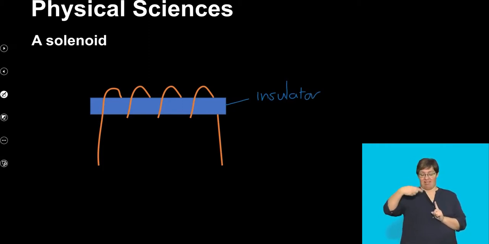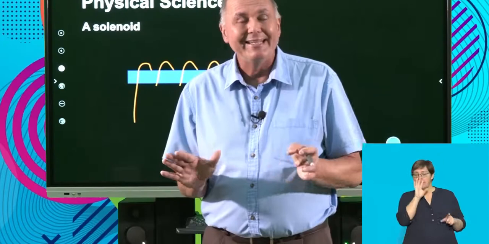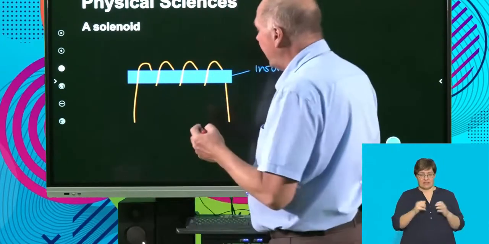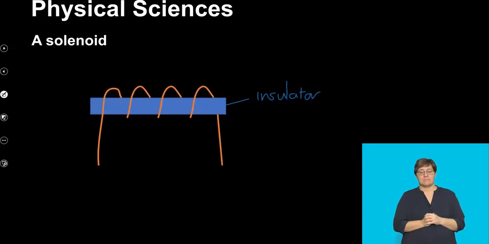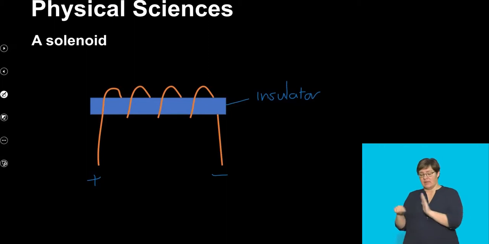Now, if we're going to use the right-hand solenoid rule to establish the direction of the North Pole, we'll need to be able to recognize the direction of current. We haven't been given anything, but I'll just add it in over here. Let's pretend for the moment that that's the positive terminal and that's the negative.